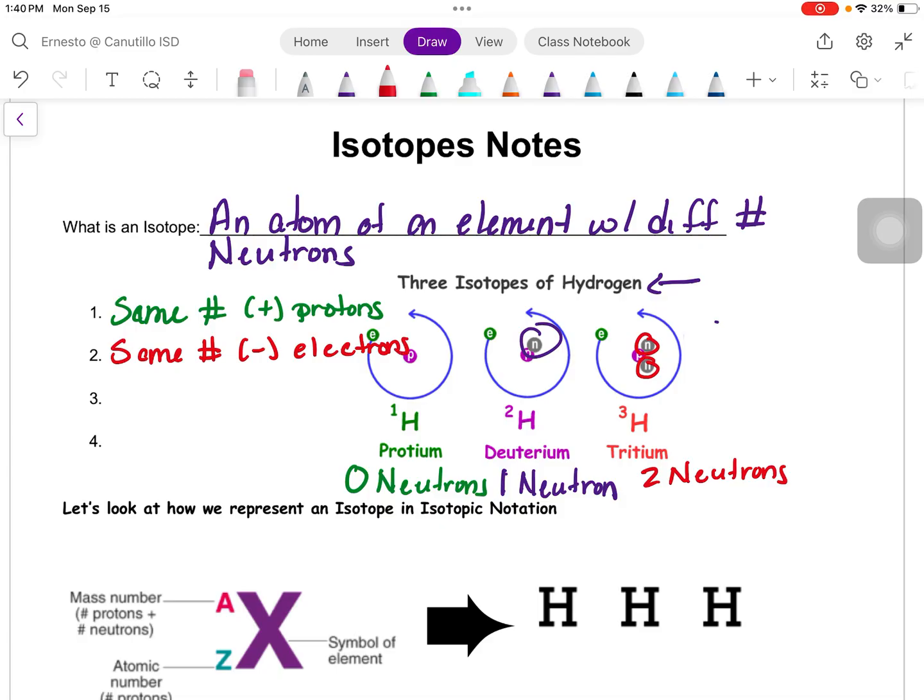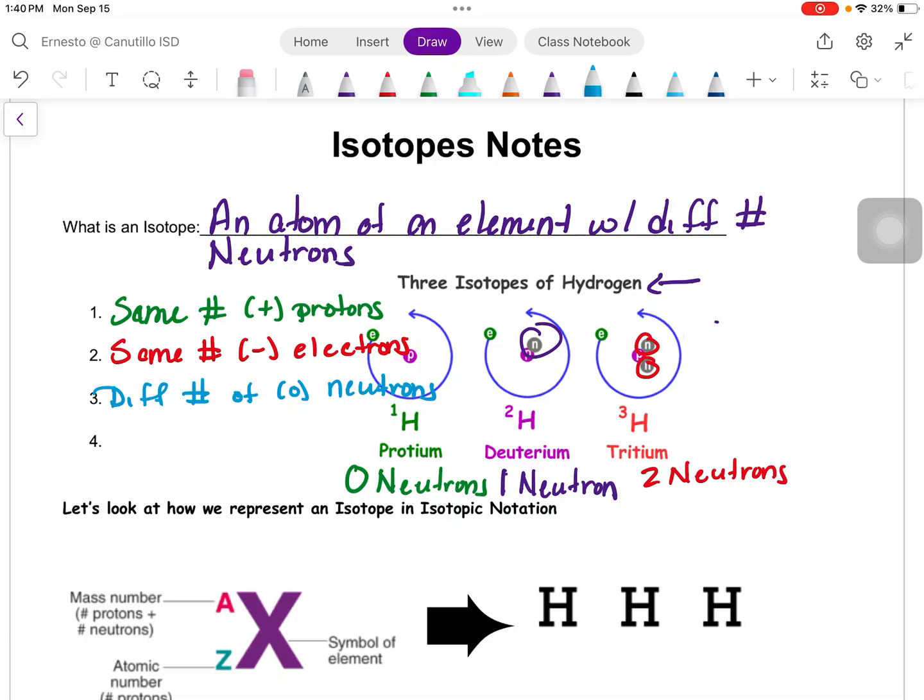What is changing, however, is the number of neutrons, which have no charge. So when we're talking about isotopes, we're simply talking about an atom with a different number of neutrons.